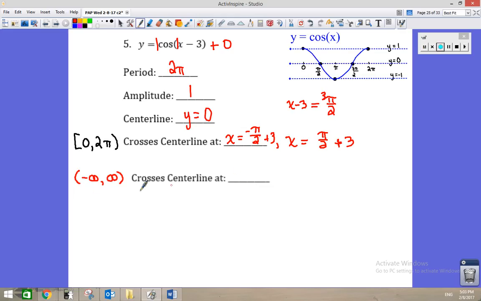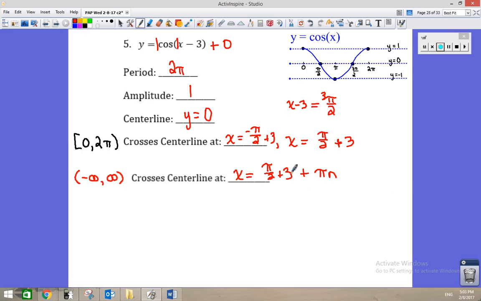This is going to be easier to just write it to describe the infinitely many ways that it intersects the center line, because we just write either one of these, say the pi over 2 plus 3, and we just add pi n to it.